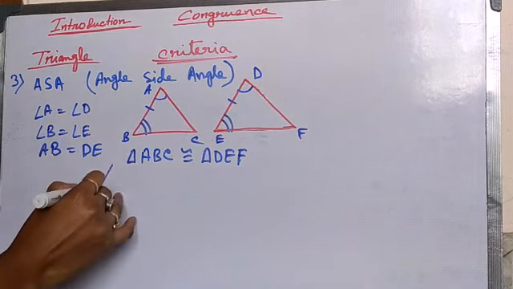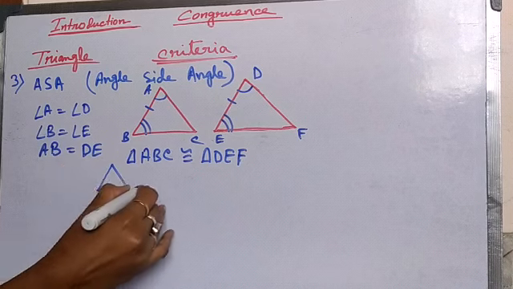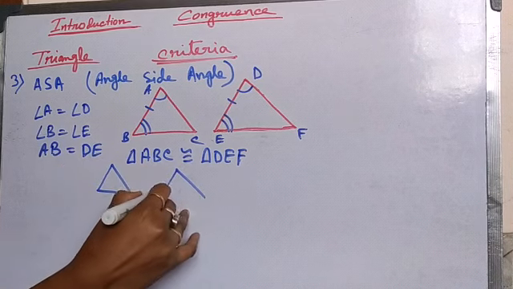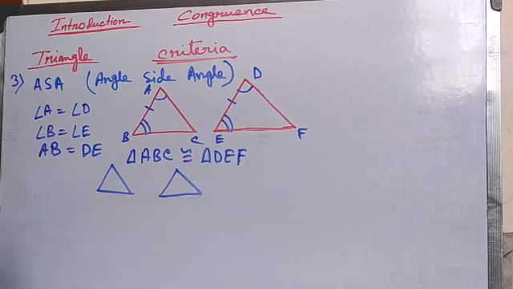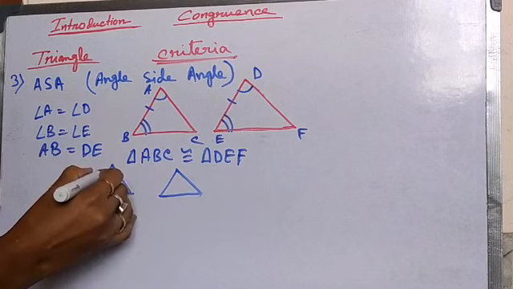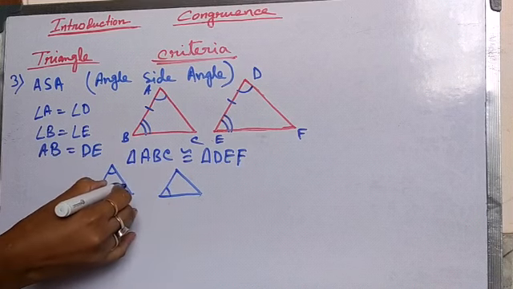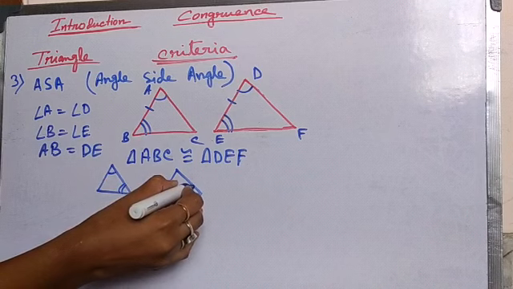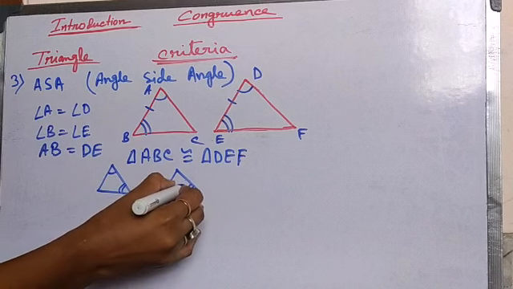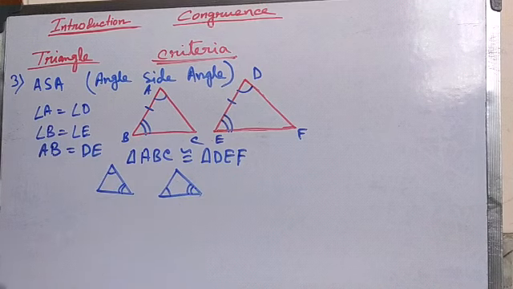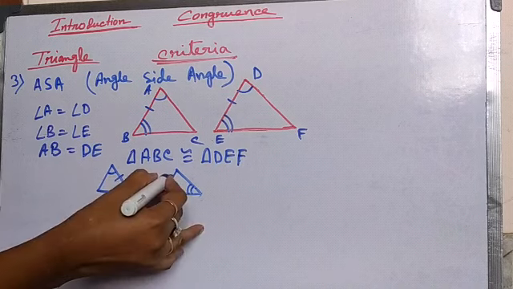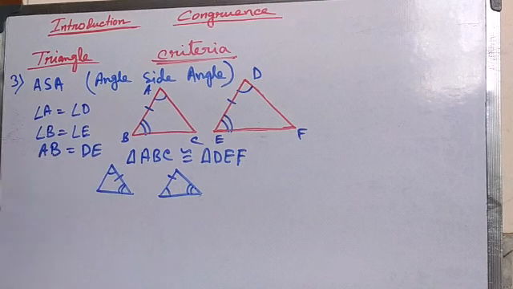Suppose two figures here I have drawn. Suppose this angle and this angle are equal, and this angle and this angle are equal. Then this side and this side are equal.